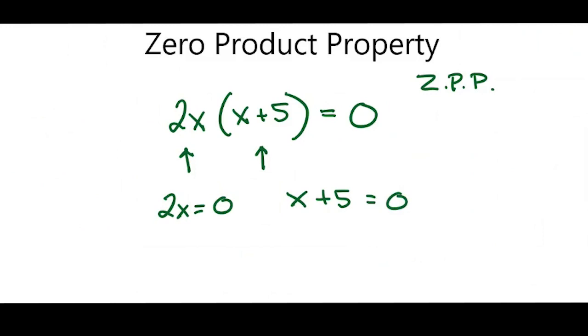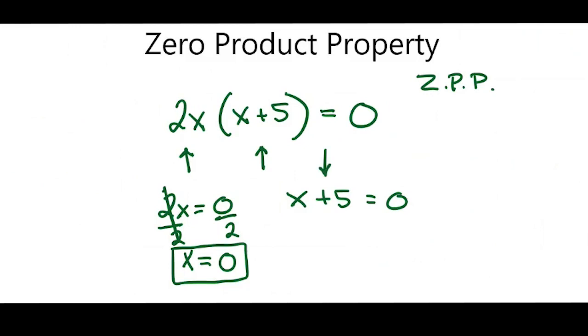Here for this 2x equals 0, remember that 2x means 2 times x. So we need to do the opposite of multiplication, which is division, and I'm going to divide both sides by 2. That will cancel that there, so that x is equal to, well, what's 0 divided by 2? That's 0. So one of my answers is x equals 0.